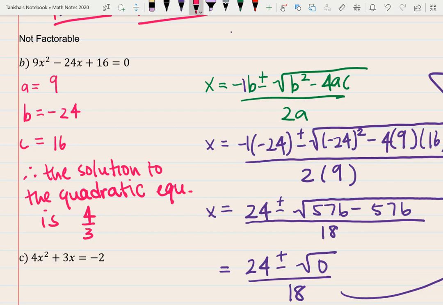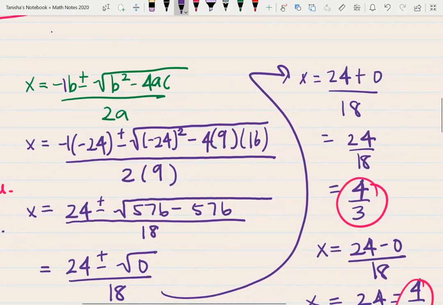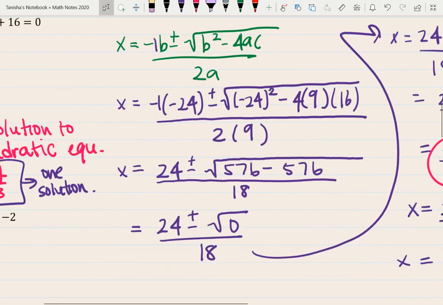So we're only going to write it one time, indicating that this equation only has one solution. Remember last time we said that a quadratic equation can have one solution, two solutions, or no solutions at all, right? In this case, there's one solution because the two solutions that we found were identical.